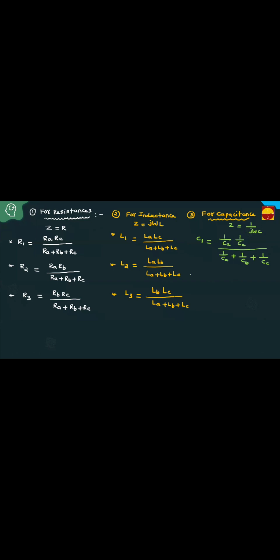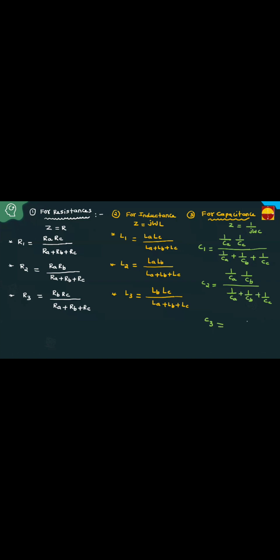Like this we have the delta to star. What is C2 equal to? 1 by CA into 1 by CB, by 1 by CA plus 1 by CB plus 1 by CC.